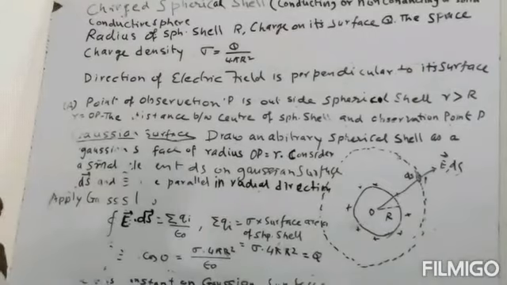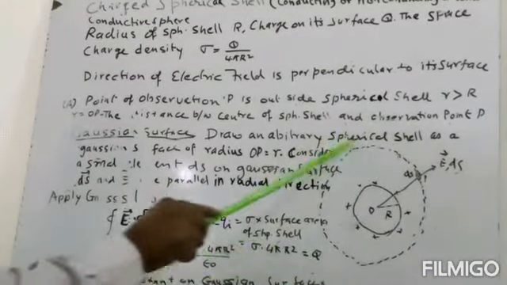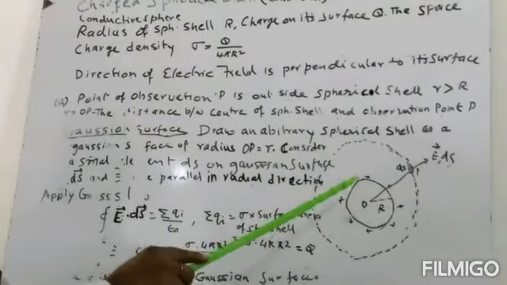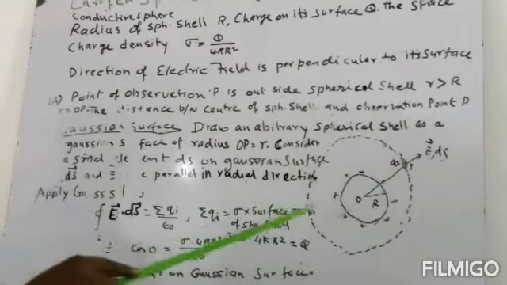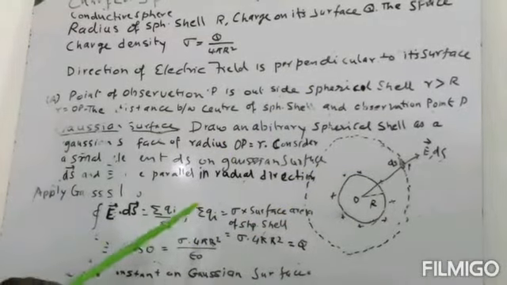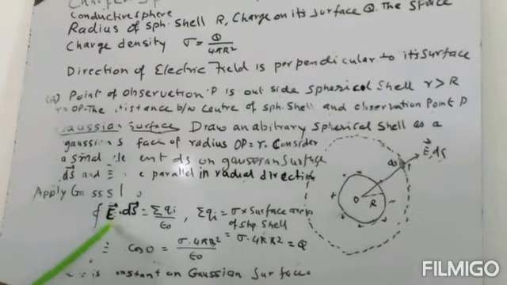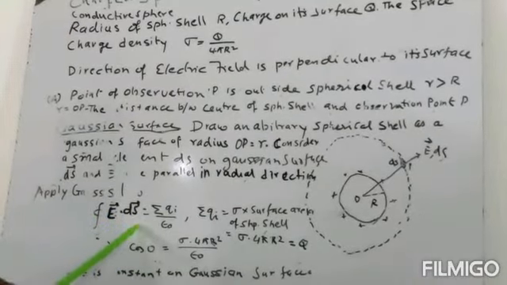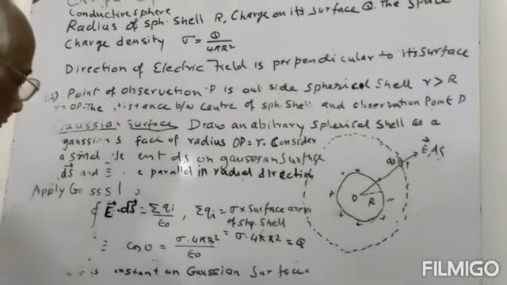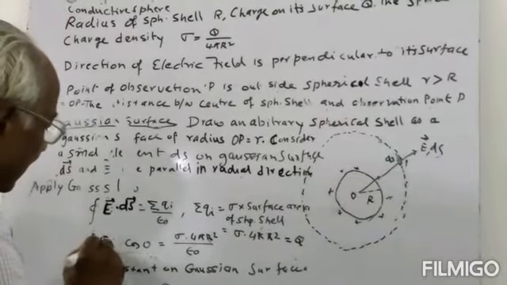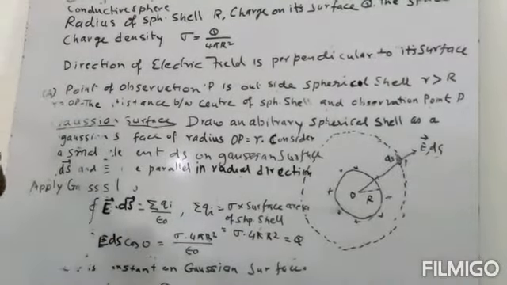The summation of qi is the total charge enclosed by the Gaussian surface, which is equal to the total charge on the spherical shell, so summation qi is equal to capital Q. Now E dot ds will be equal to E ds cos theta, and theta is equal to 0.